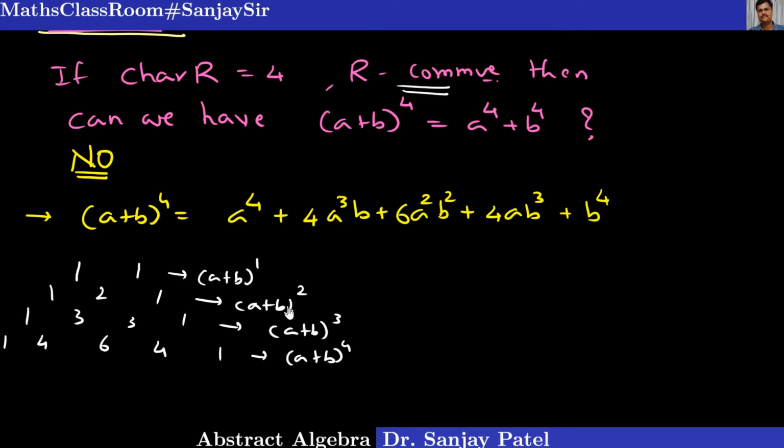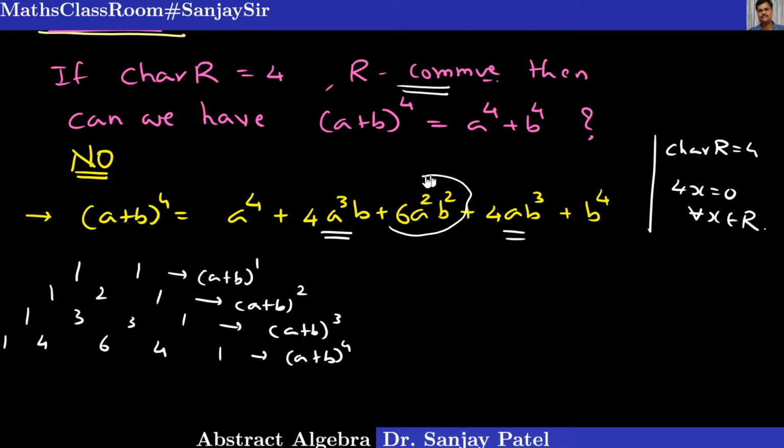And since the characteristic of the ring in this question is 4, it means 4 times x is equal to 0 for every x belongs to the ring. Let me write over here. Because of characteristic of R is 4, we have 4x is equal to 0 for every x belongs to R. So this term and this term will be 0, but we cannot say about this term.